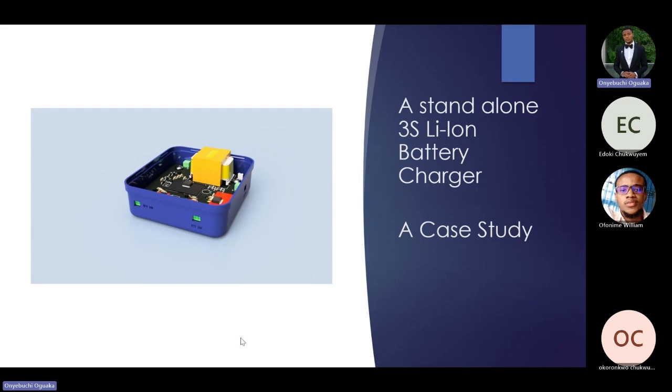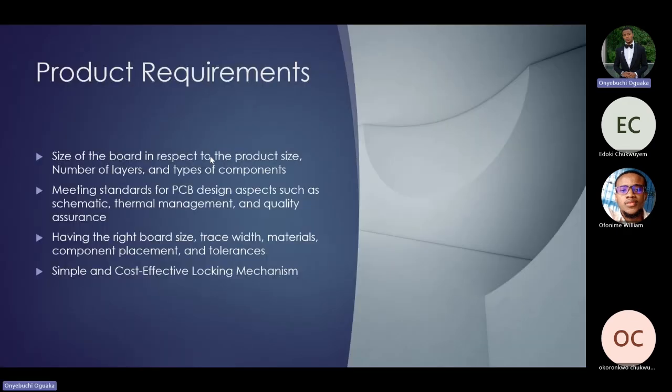So the next will be our product requirements, and we are going to go through it a bit. But before I continue, I would love us to get our questions ready and ask me in time. Product requirements are the features and characteristics that our PCB, which we are designing, must have to meet the needs of the customer.